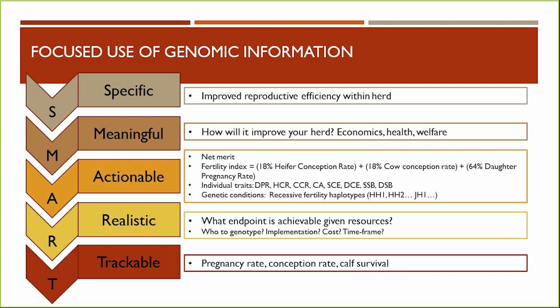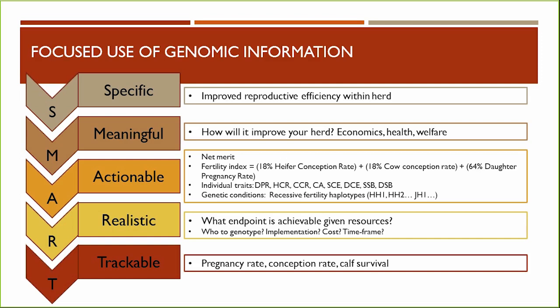Fertility index has heifer conception rate, cow conception rate, and daughter pregnancy rate in it, and you can see how they weight those traits. If you don't quite like the weighting of the traits, or maybe you have Jerseys and you're not even looking at Holsteins, you can still use individual traits. And maybe you're more concerned about conception rates than calving ease, or maybe you want all of those things. You can factor them in yourselves.